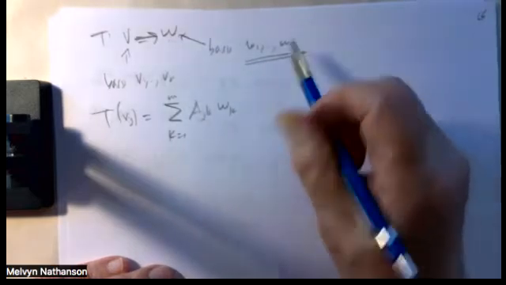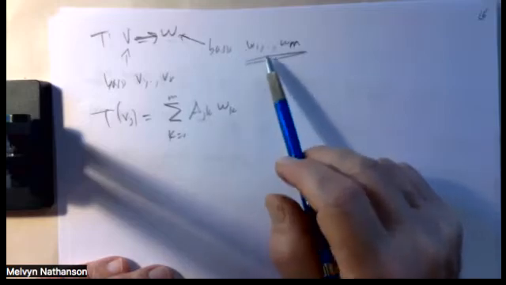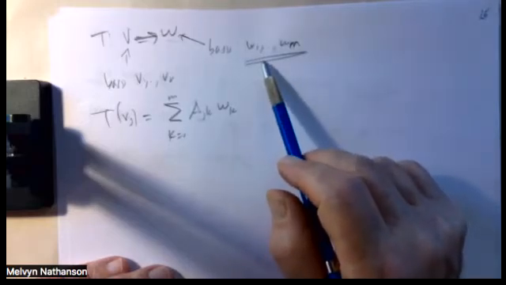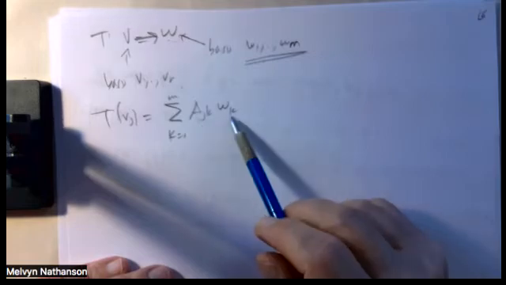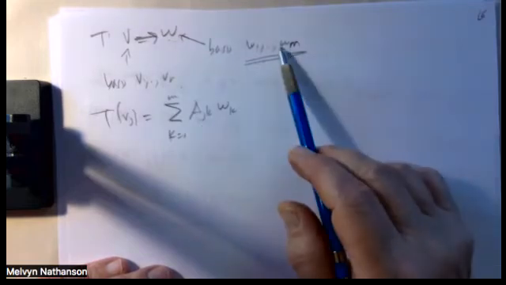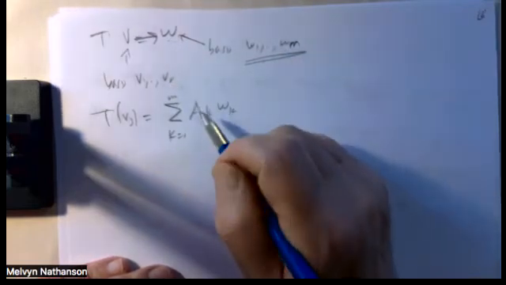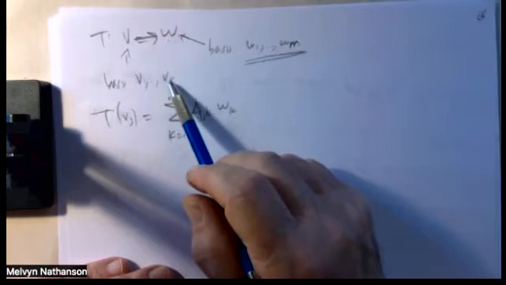Because this is a basis for W, every vector in W has a unique representation as a linear combination of the basis vectors.